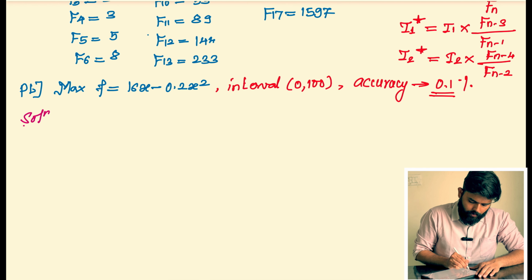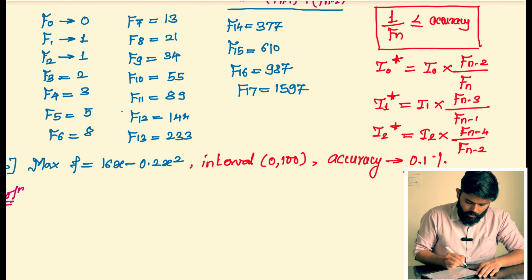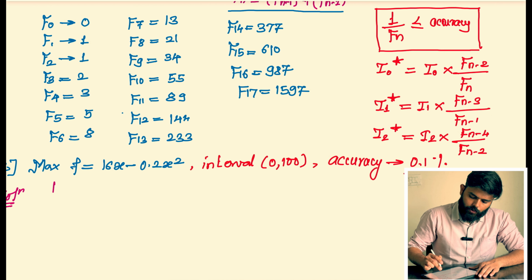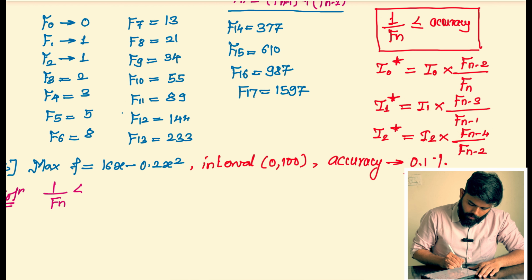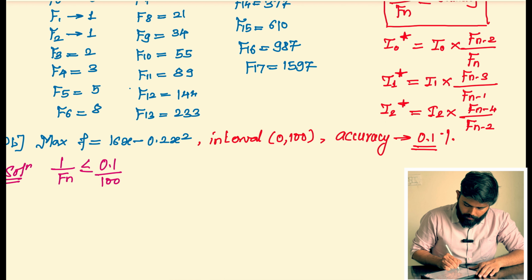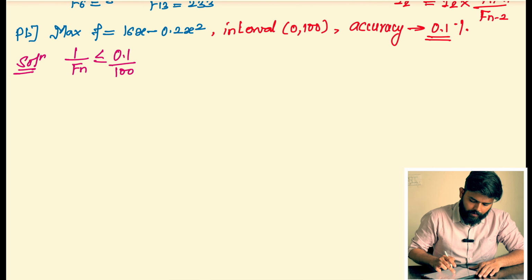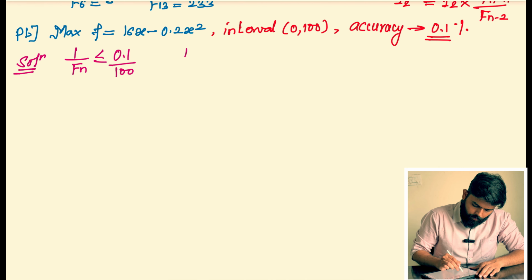So let us begin. The first formula that we will be using is 1 upon Fn should be less than or equal to the accuracy, which is 0.1. As it is represented in percentage, we will write 100 in the denominator. So now we have 1 upon Fn less than or equal to 0.001.